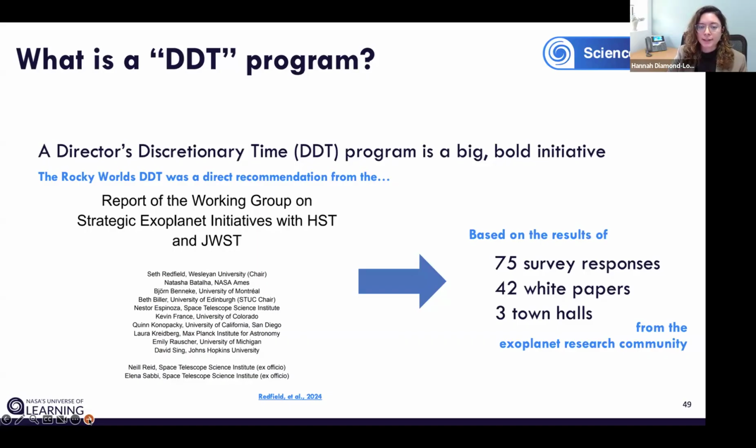So this is a community initiative, based on the results of 75 survey responses, 42 white papers, and 3 town halls from the exoplanet research community. Many initiatives were proposed by this working group, but the Rocky Worlds DDT was one of them, and the director chose to implement it. So how does this DDT work?